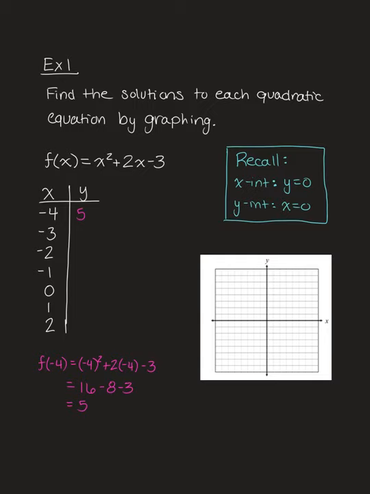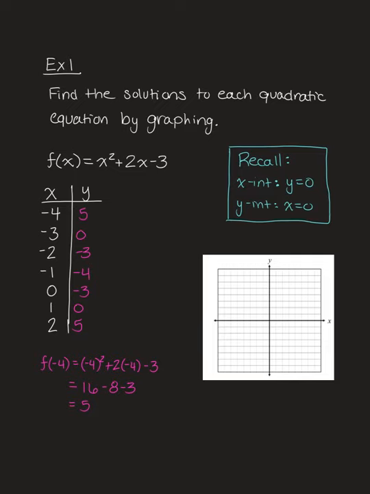Now you can plug in the rest of the x values into a calculator, or you can write them out by hand to find the y values. Here I have all of the y values written out. One thing to recall is that an x-intercept is whenever y is 0. So right here, these are my x-intercepts, or roots, solutions, zeros, whatever you want to call them.